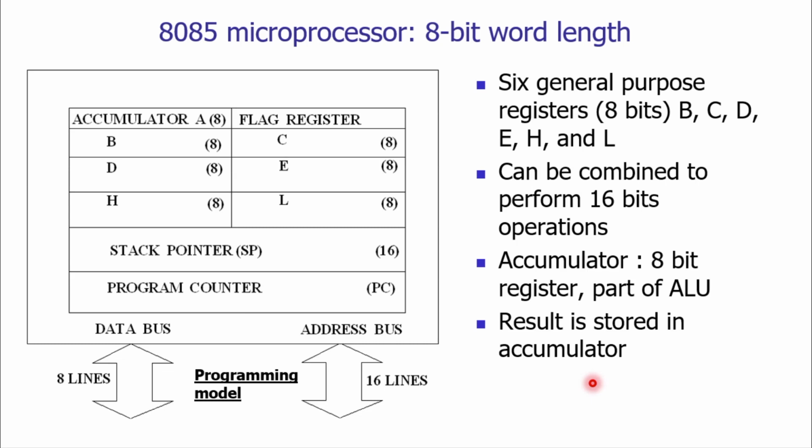For example, MOV, that is the move command. MOV D,E means I want to move the data located at register D to E. So we can easily transfer the data available at D to E. That means the registers are programmable.